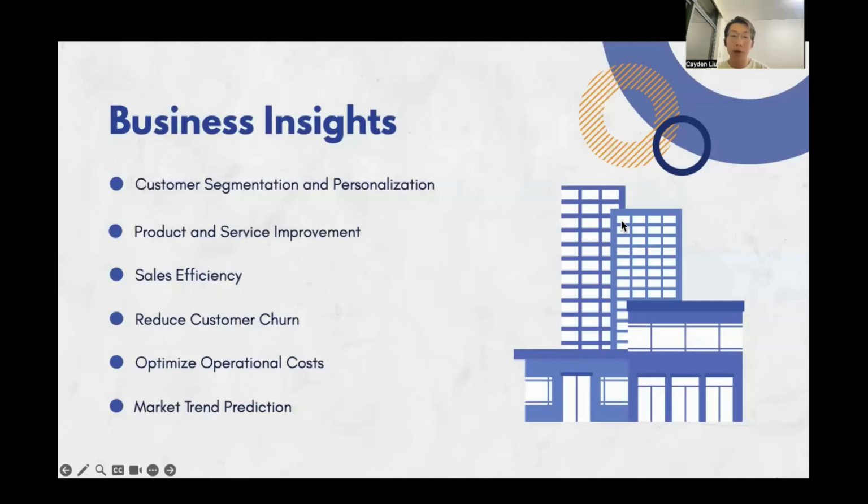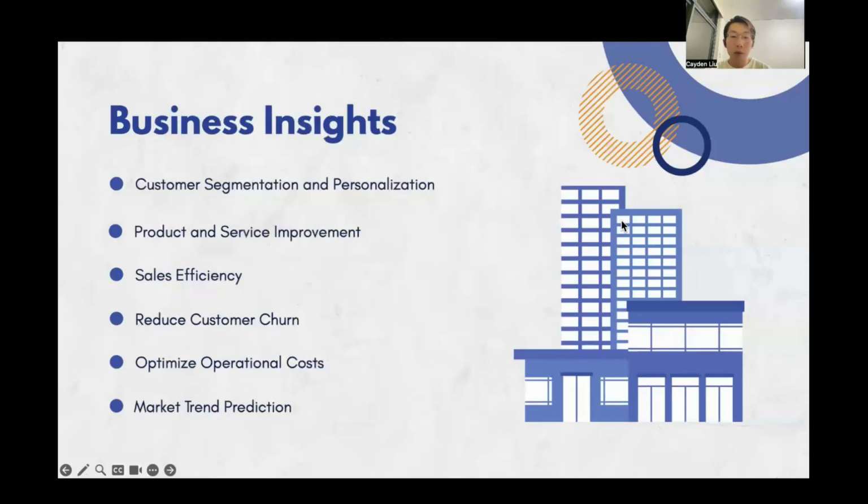It helps optimize product lines and service quality by identifying customer preferences, improving inventory turnover and satisfaction. By predicting customer behavior and demand, we can allocate sales resources more effectively, enhance sales efficiency, and execute precise cross-selling and upselling strategies, increasing customer lifetime value.